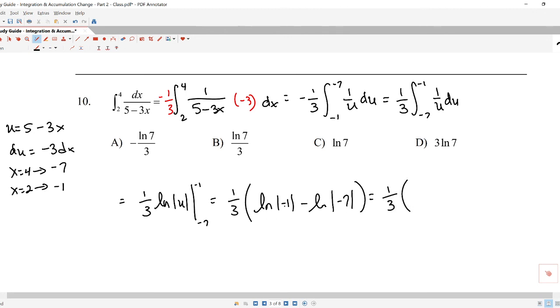Absolute value of negative 1 is 1. The ln of 1 is 0. Absolute value of negative 7 is 7. It gives me just the ln of 7. So I end up getting negative ln of 7 over 3 as the answer.